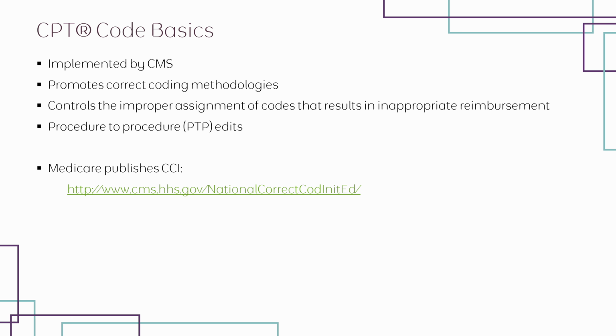This includes identifying situations where two codes should not be billed together, where one code includes the work of another, or where unbundling might otherwise occur. Essentially, NCCI edits help ensure that providers are coding according to correct coding conventions and clinical logic. Medicare publishes many helpful resources relating to NCCI on the CMS website.